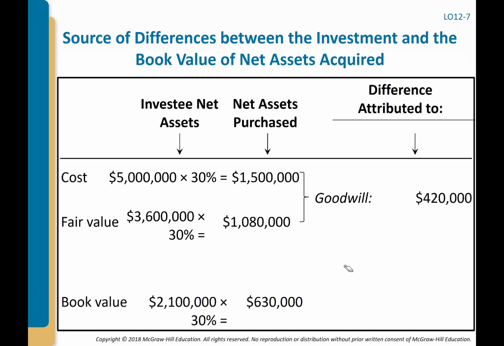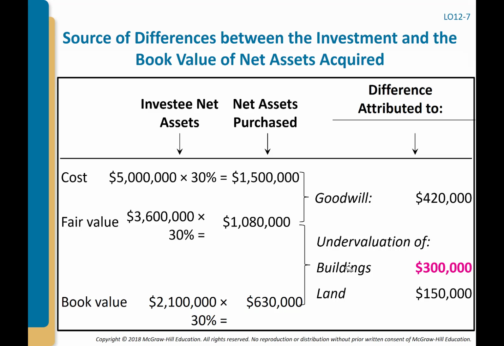So we've got what? The difference between the fair value and the book value of the assets is sitting here, right? But some of that is what? Some of that is land. We don't depreciate land. 300,000 of that, though, is attributable to the building.